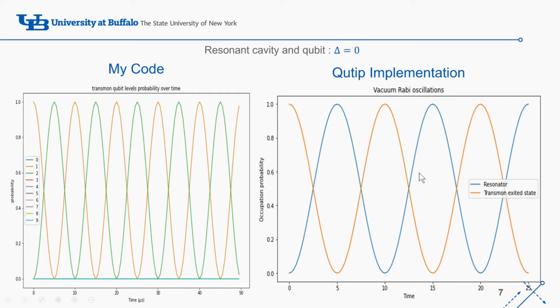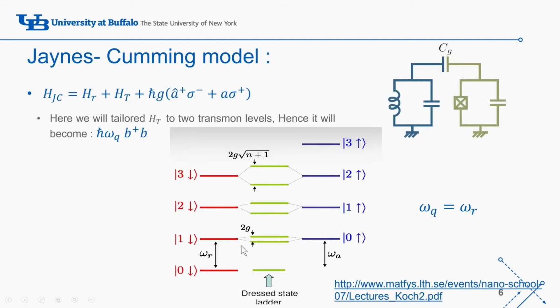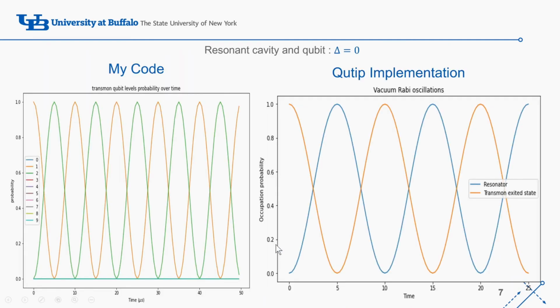If you look at both of these plots, you can see the oscillation frequency is nearly exactly the same, and these oscillations are happening between levels 1 and 2. If you look over here in this one also, this is where it's happening after the coupling, between 1 and 2. So this plot shows that nicely, right?